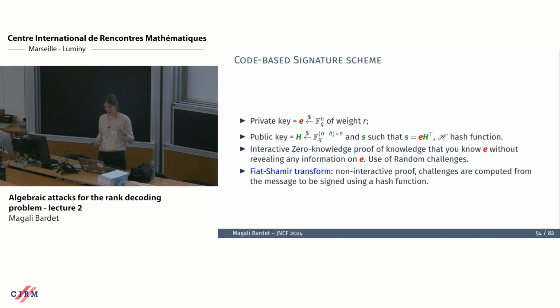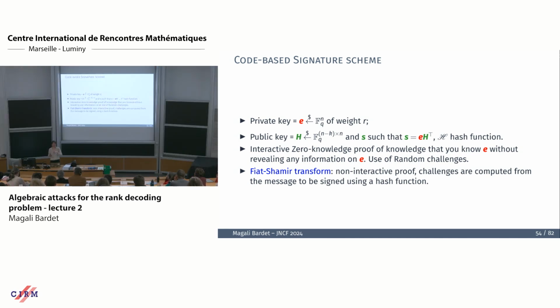So if you want to do a signature, you will start from your message, do in your head or on paper the interactive proof of knowledge, but you replace the randomness by the output of a hash function that depends on the message, and then you publish all the proof, all the protocol, and this is the signature depending on the message.